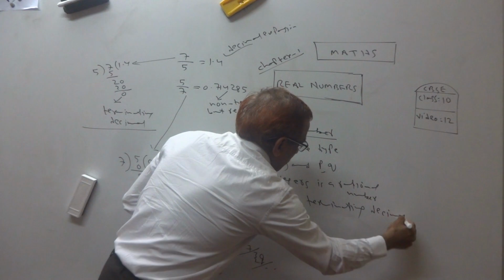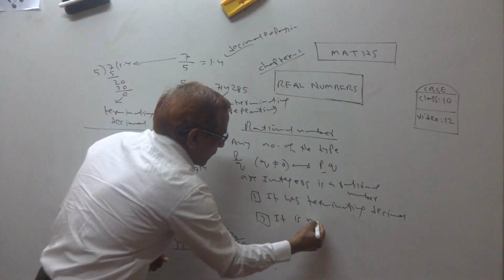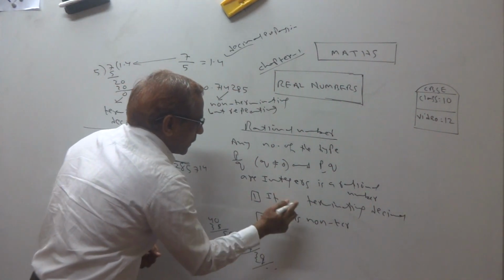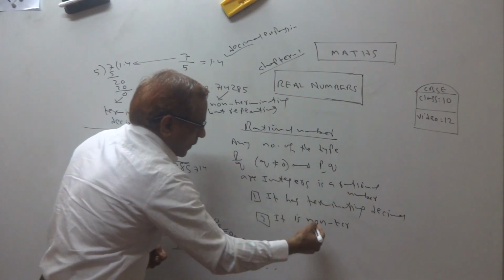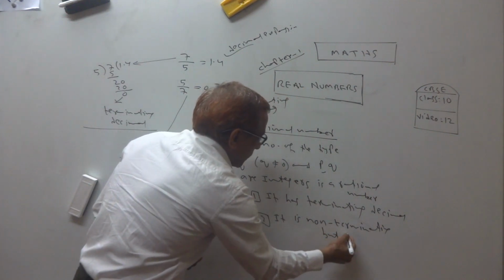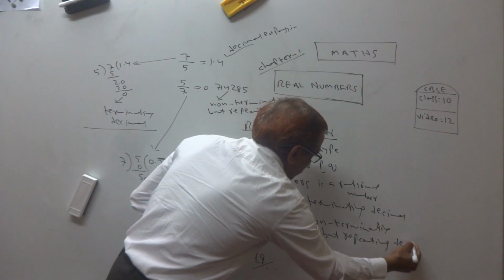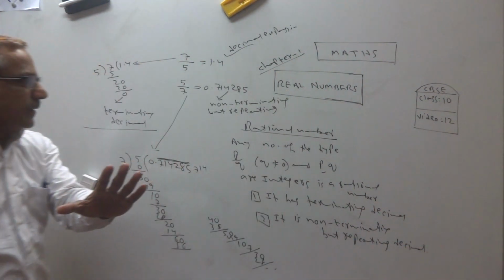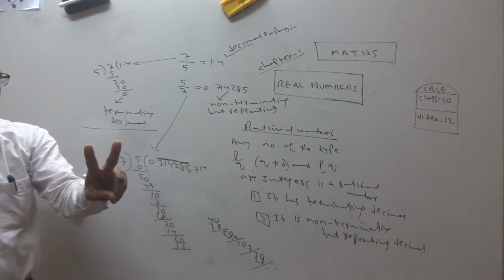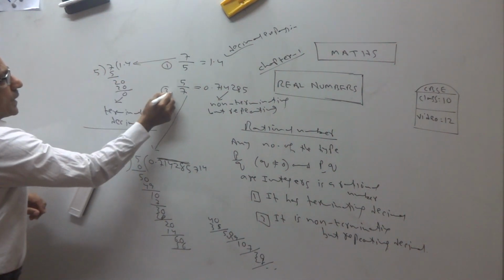The second is non-terminating but repeating decimal. Is it clear? Any rational number, any fraction, is of two types. I gave clear examples. This is the first type, this is the second type.